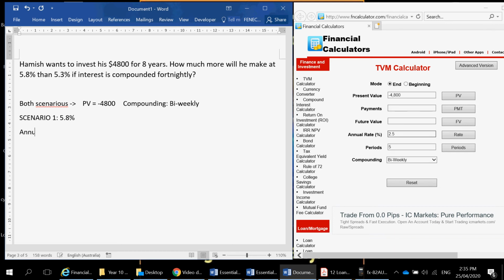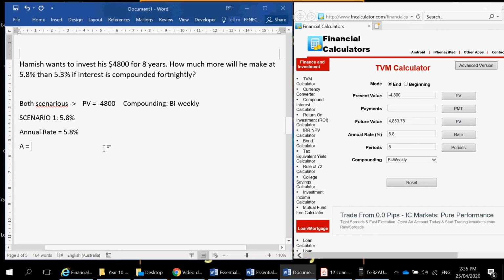That means that our annual rate is going to be 5.8. We can then click future value and it's going to tell us how much that is worth at the end.